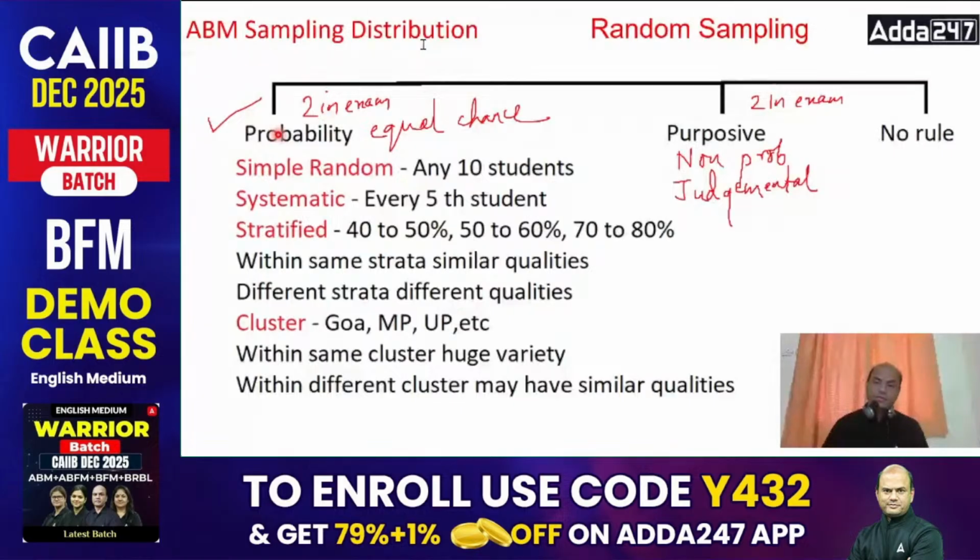Similarly, pay attention. Can there be a student who has scored more than 90% in MP? There can be. In UP? Yes. In Tamil Nadu? Yes. In Kerala? Yes. So what does it mean?